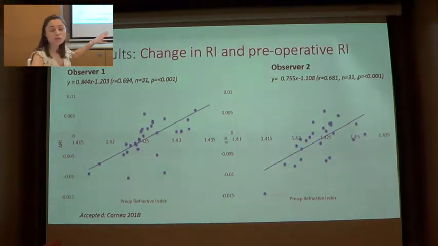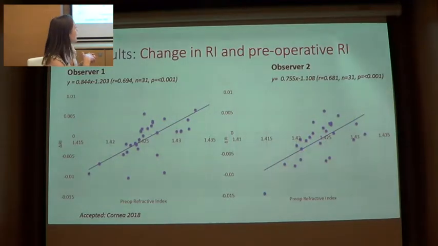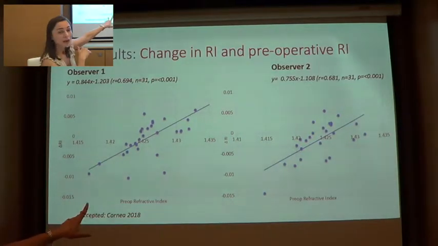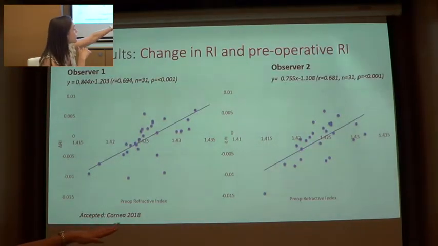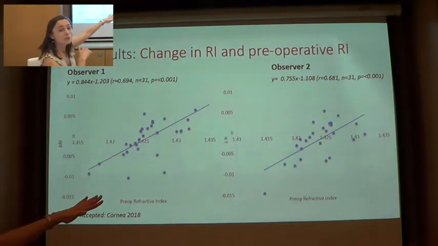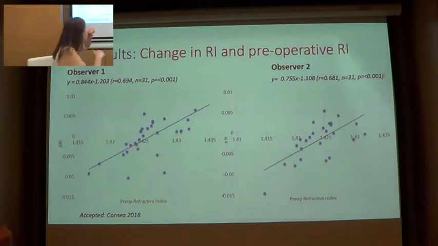When we look at these two graphs, we can also see the correlation between the refractive index change after the surgery and the preoperative refractive index. There was no difference between the two observers.